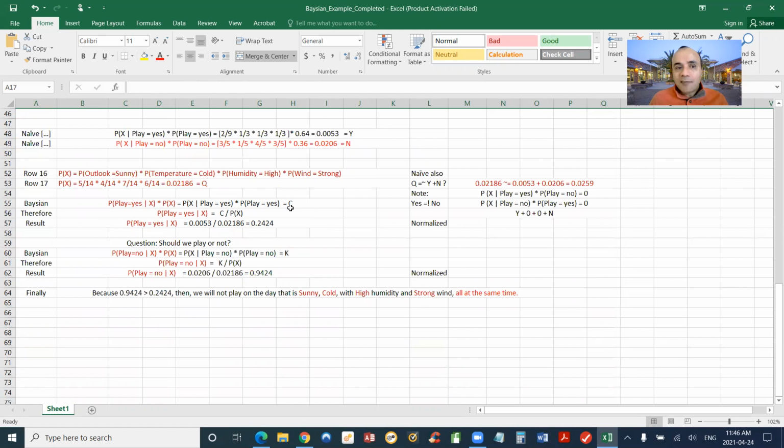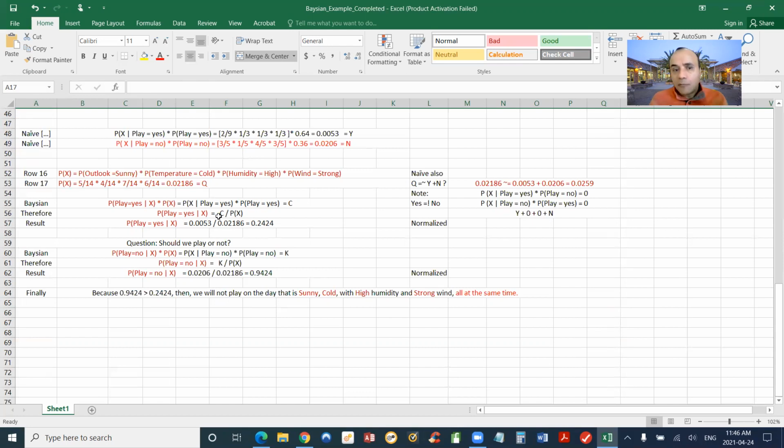I'm going to call this a C. And this C, as you can see, is here. This is my C. So this is x given play is equal to yes, times play is equal to yes, and I calculated the yes already here. That's my target point. And then I need to find the play yes while x happened.